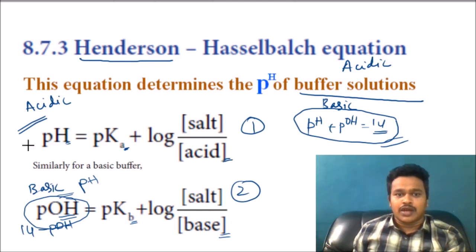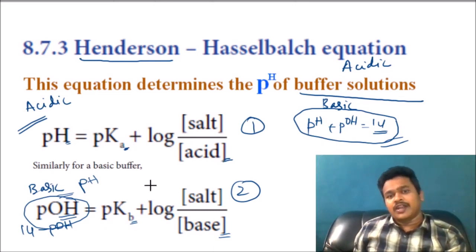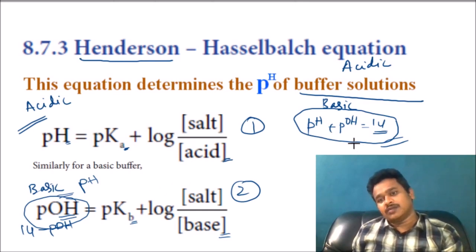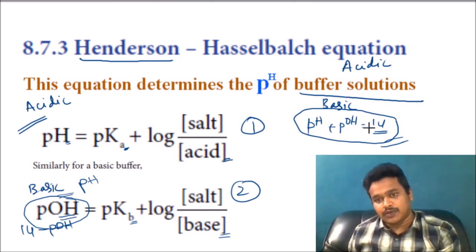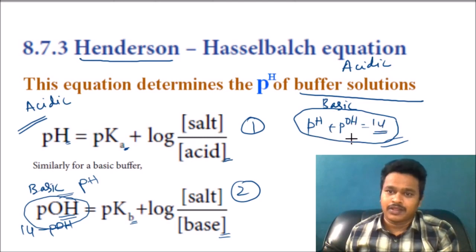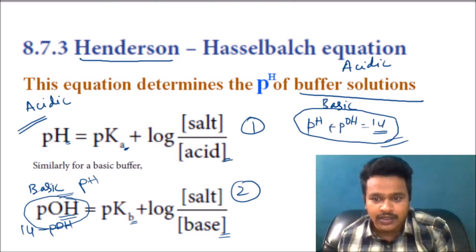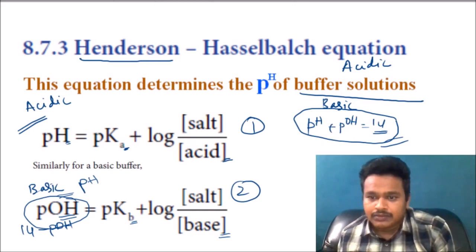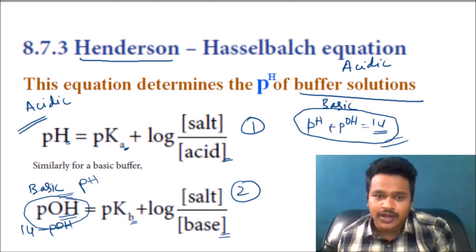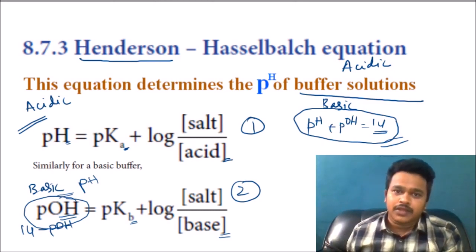Once you understand this derivation, you can easily make the other derivation. If you want any interchanges, you can use the relation pH plus pOH gives 14. This relation we also derived in previous videos. You can watch the previous videos to understand it in a proper way. Thank you.